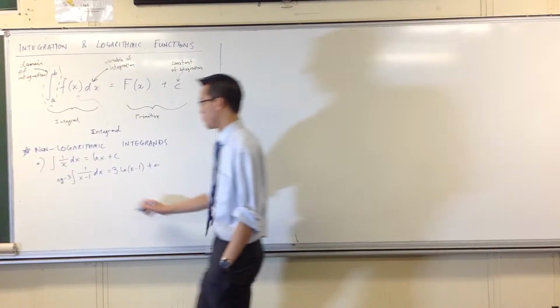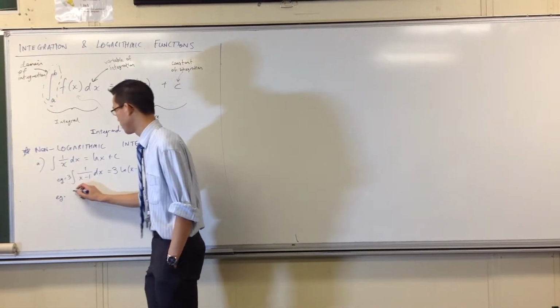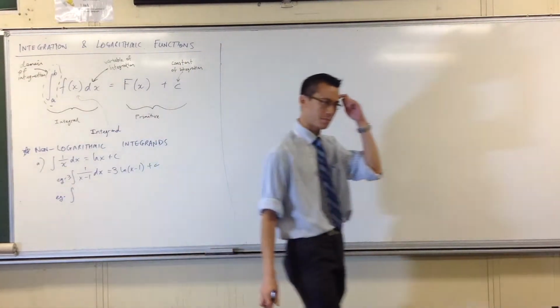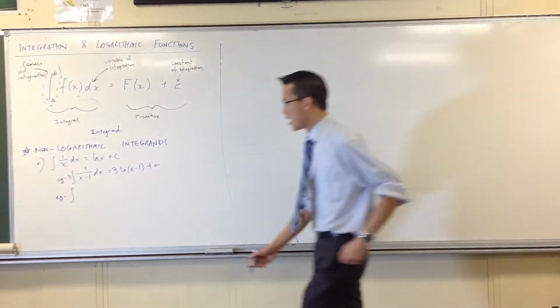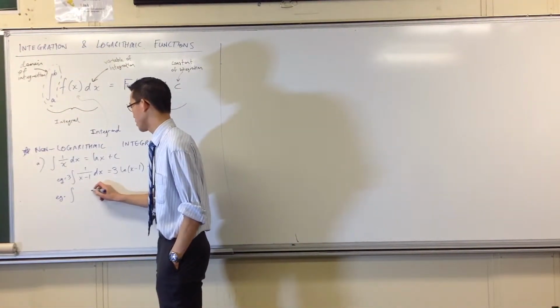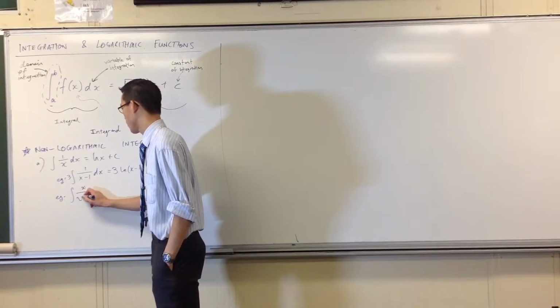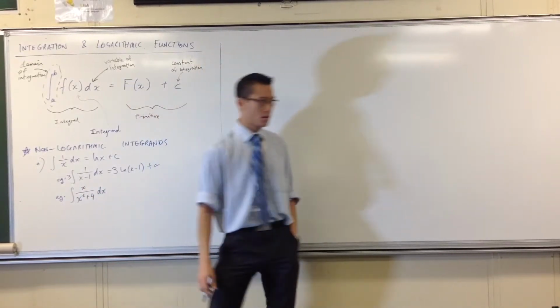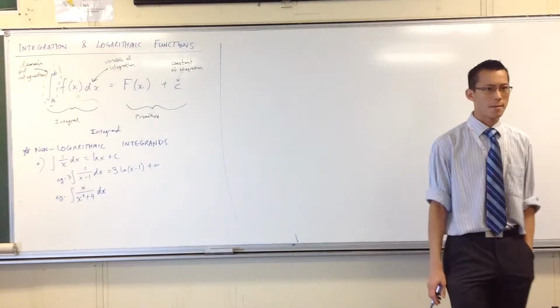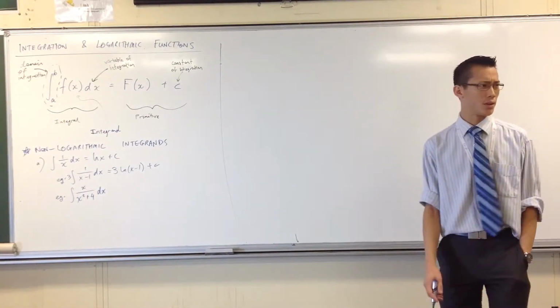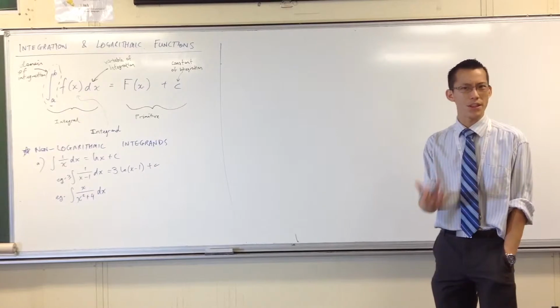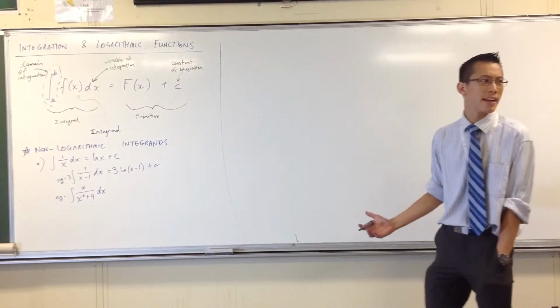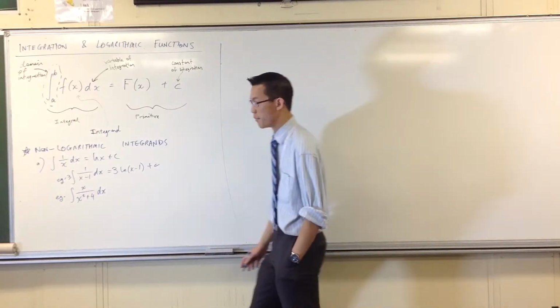Let's have a look at one more example, and then we'll generalize it. What if I had something like this? What's going on? Before you actually tell me the answer, what can we do to make the answer a little more clear, a little more obvious to us?